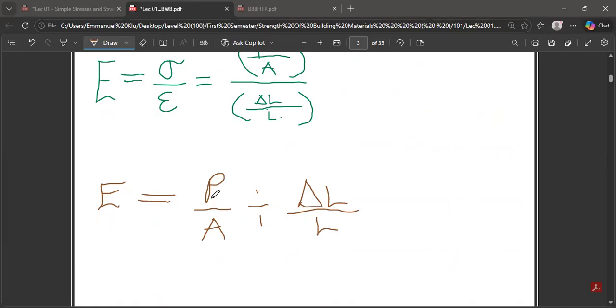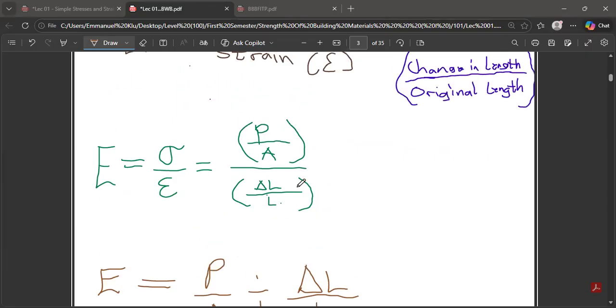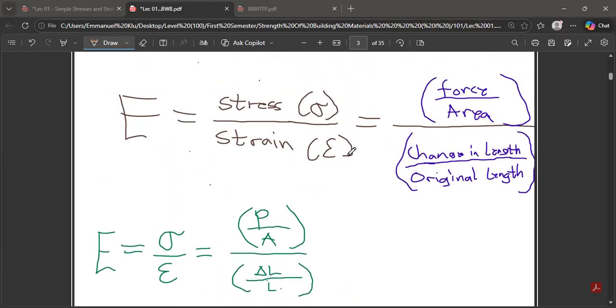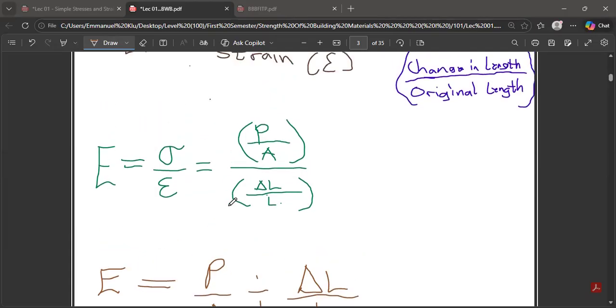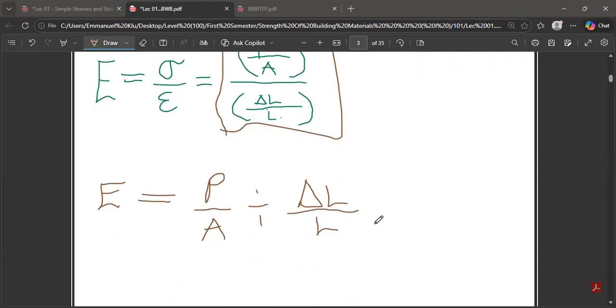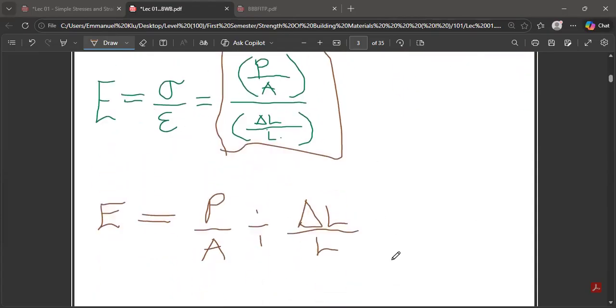So this is also the meaning of all of this. Our elasticity is equal to what? Stress over strain. But we said that the stress can also be expressed as force over area, and the strain can also be expressed as change in length over original length, and that is what we are using now. So instead of me writing it this way, I can choose to write it this way too.